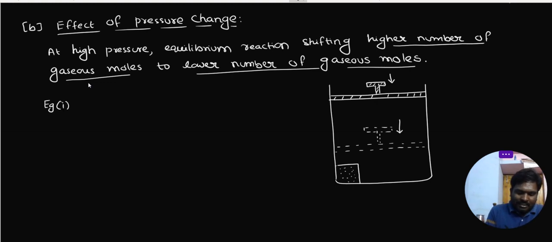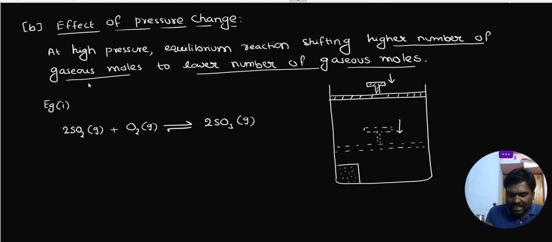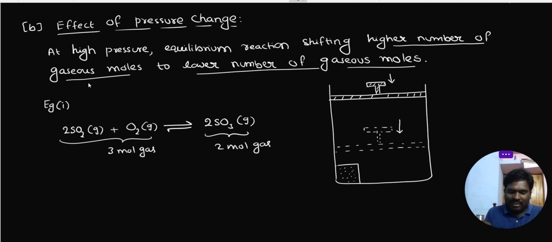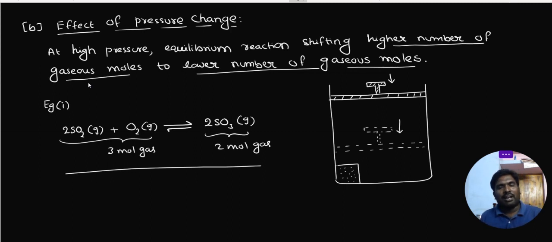Listen. Example 1: 2SO2 gas plus O2 gas giving rise to 2SO3 gas. How many gaseous moles? 3 moles of gas on the left. How many on the right? 2 moles of gas. So at high pressure, is it the forward or backward direction?